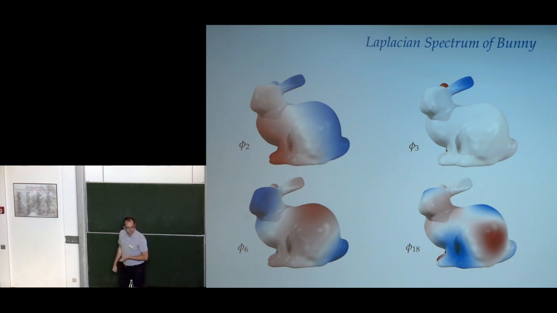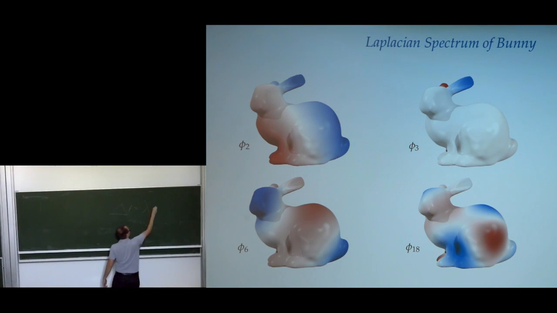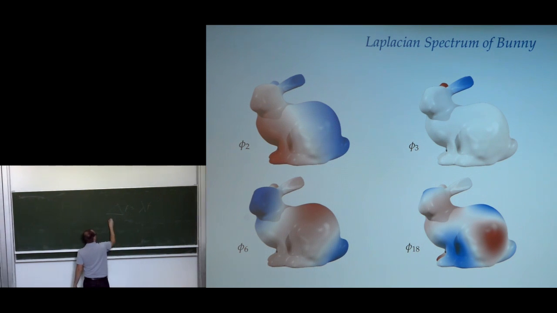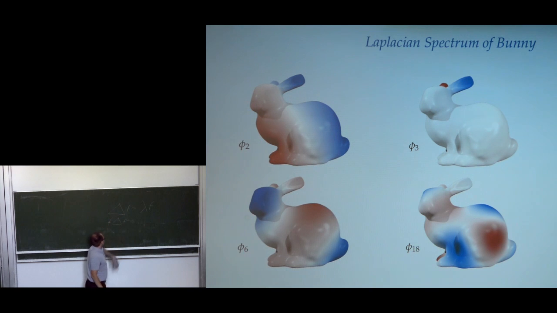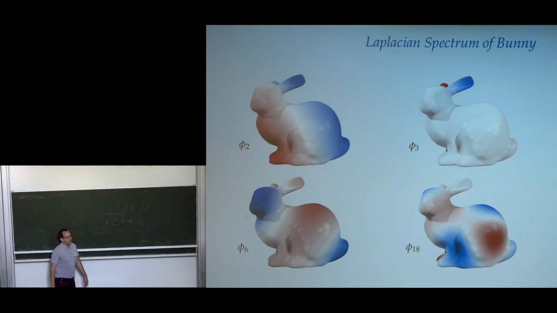One way to think about this: let's say I have some eigenfunction f. So I have Laplace f equals lambda f. So f times Laplace f, assuming that f is normalized, is just going to give me lambda, right?